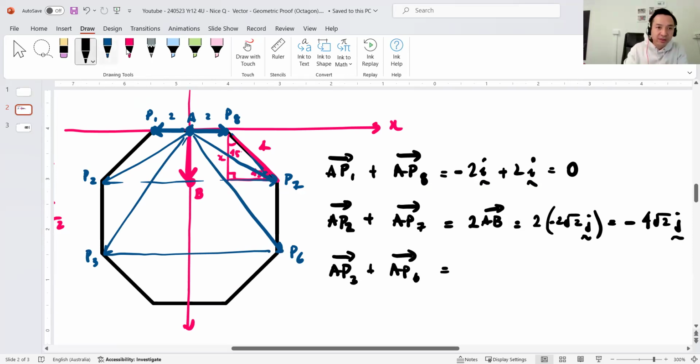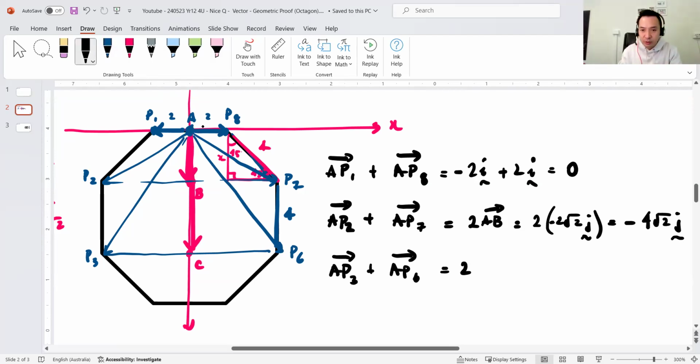Once again, now I need a vector that goes, let's call this coordinate here C, down to C. You can sort of see that this guy here plus this guy here gives me AC, right? I already found the green highlighted part. That's 2 root 2, right? And I know that this side here is 4, but then 2 root 2 plus 4 is going to be my y value downwards, right?